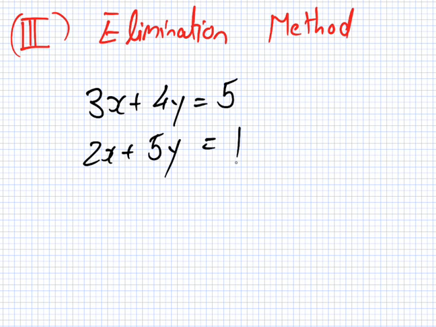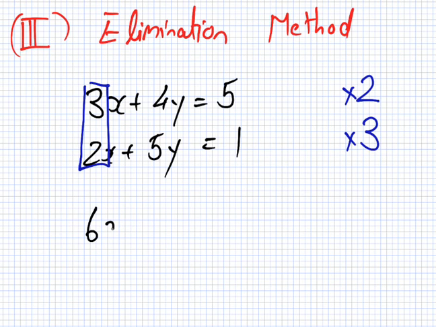Okay. So the elimination method works like this. What you do is you look at the x's or you look at the y's, doesn't matter. I look at the x's and you try to make these the same by multiplying. So you say, okay, if I multiply this by 2 and multiply this by 3, this will become 6 and this will become 6. So let's do that.